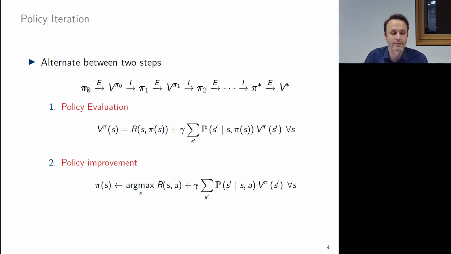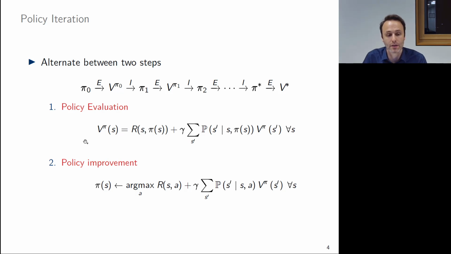One is it tries out the policy and calculates the value function for this policy in a policy evaluation step, and then it improves that policy to get another policy and tries out what the values are here, and then it improves again, and then it evaluates again, and so on and so forth.